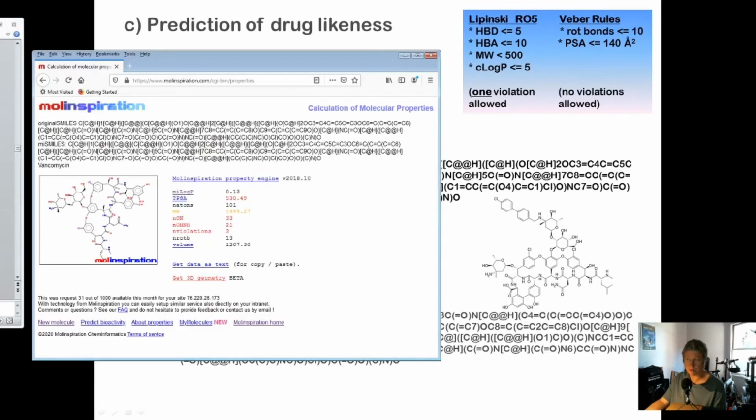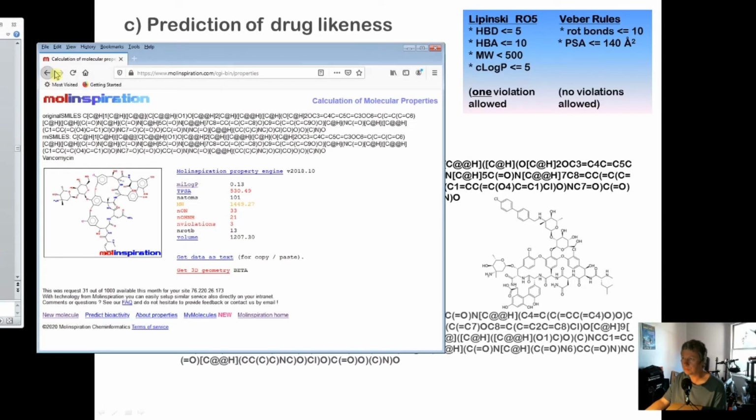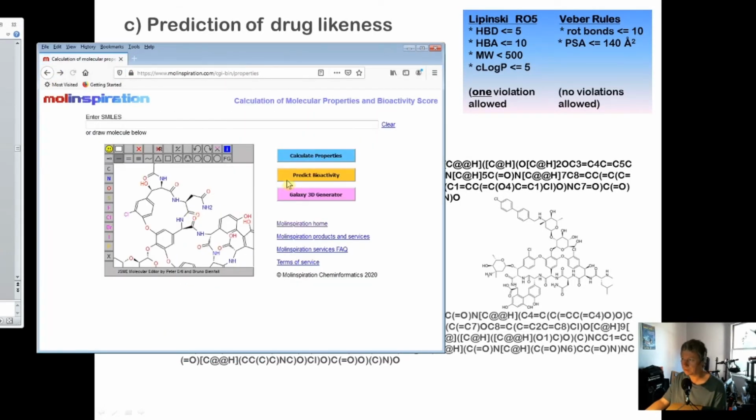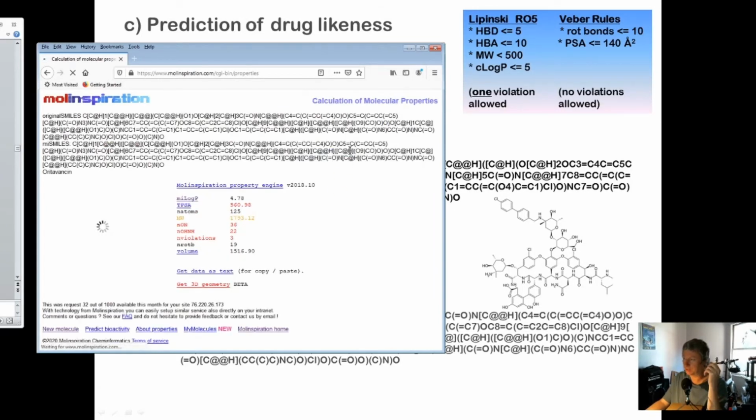Okay, I put this guy on the clipboard. Now I will step back, paste the SMILES, calculate properties. It actually takes a while to process it and figure out the structure.